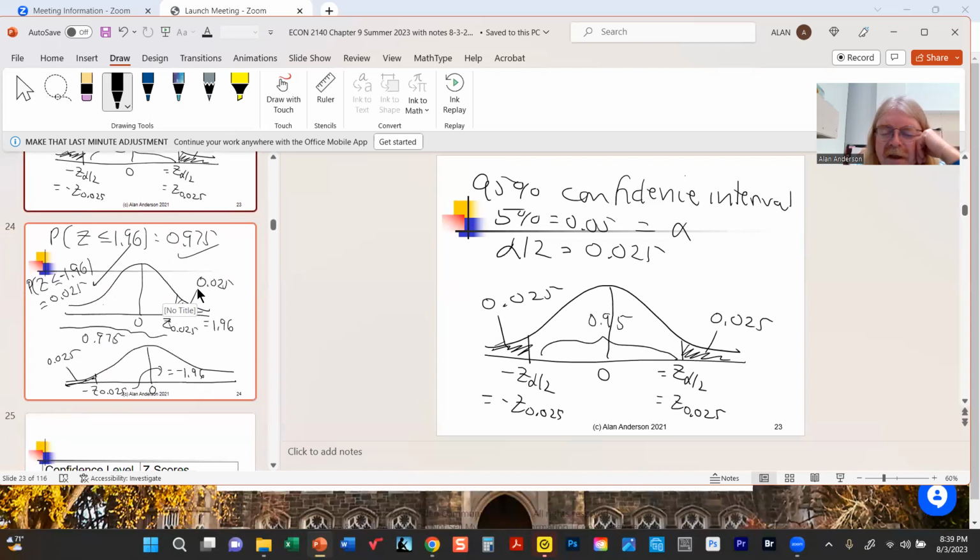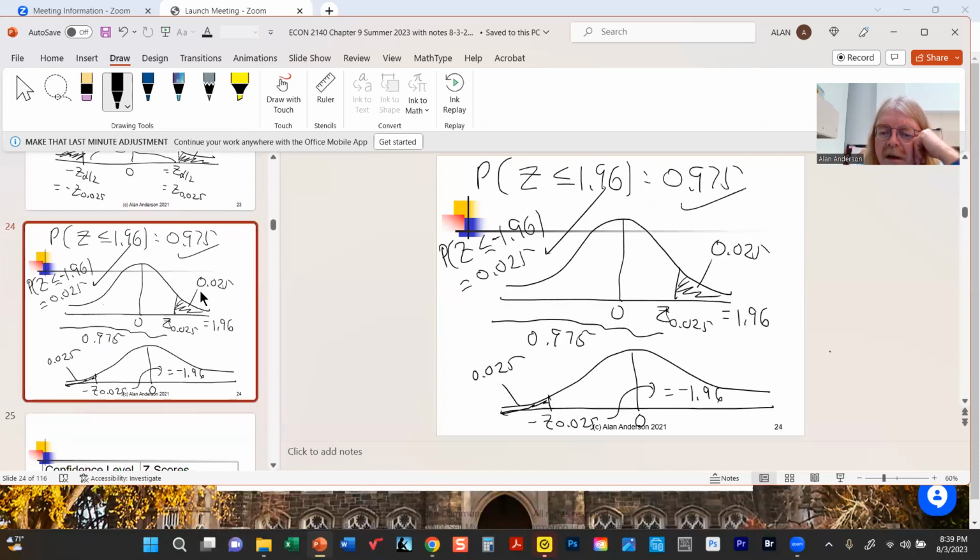Okay, so I'm going to show you that in the next slide. The value that we're looking for is the value under the standard normal curve, such that 2.5% is to the right and 97.5% is to the left. Okay, now, how do we find this? There's two equivalent ways of doing this.